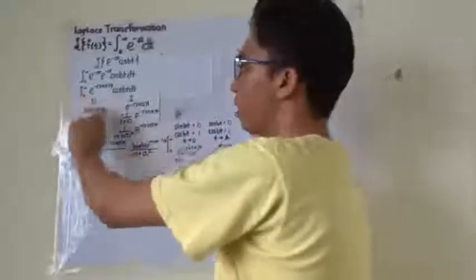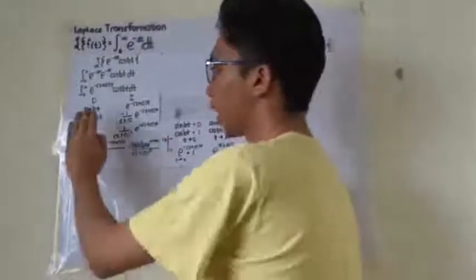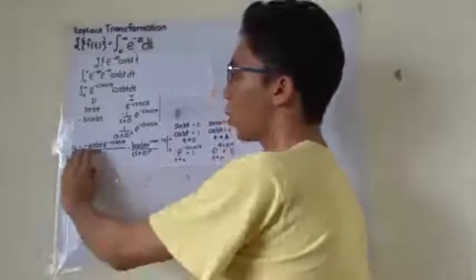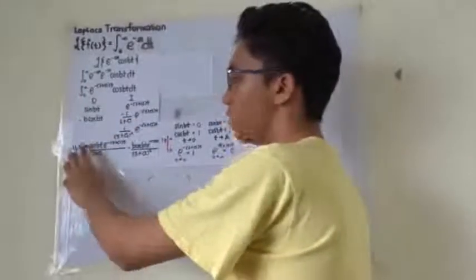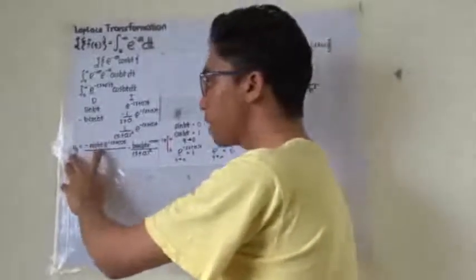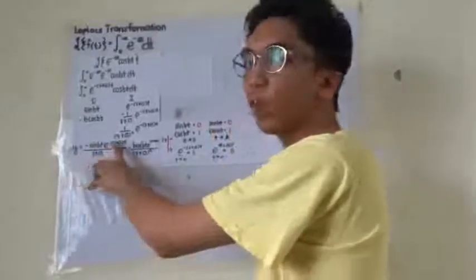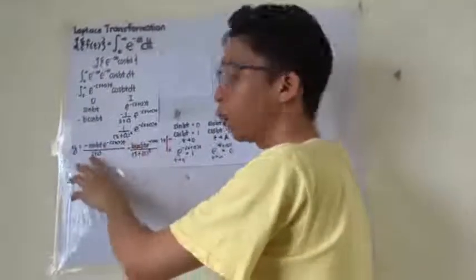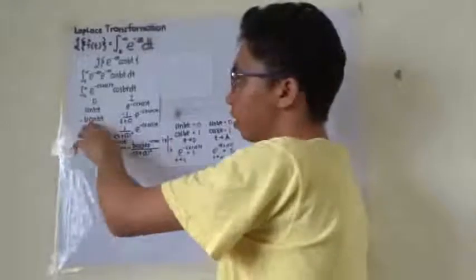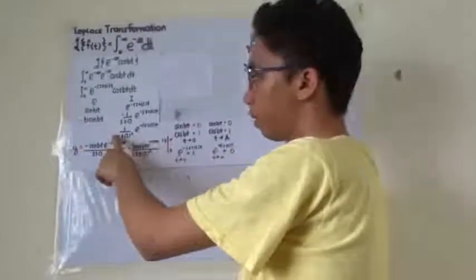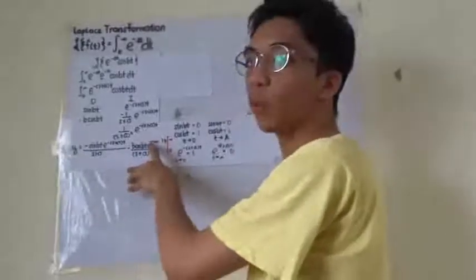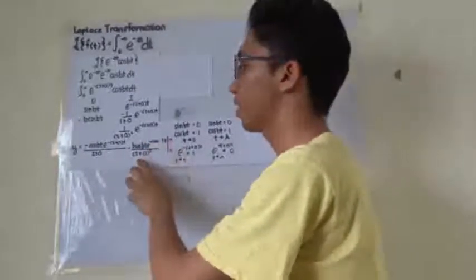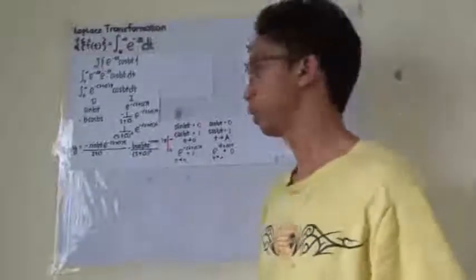And combining by crossing the derivative and integral part, we have sine bt times e raised to negative quantity s plus a times t over s plus a, and derivative times integral part, we have negative b cosine bt times e raised to negative quantity s plus a times t over s plus a squared, with the limits of 0 to positive infinity.